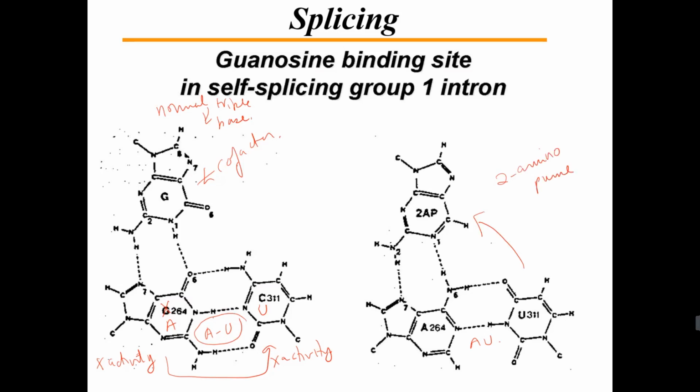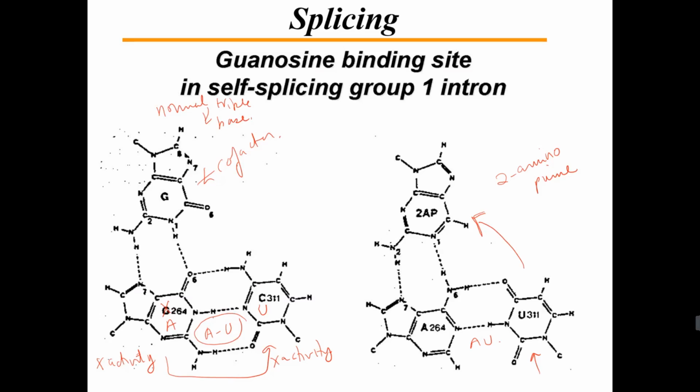Okay, so when they had this double mutant, in the presence of the G cofactor, they got no activity. However, when they supplied it with the cofactor 2AP, they were able to restore substantial activity to the intron and its self-splicing mechanism. And the specificity change that occurs can be best understood in terms of the nucleosides binding in the major groove of the P7 region.